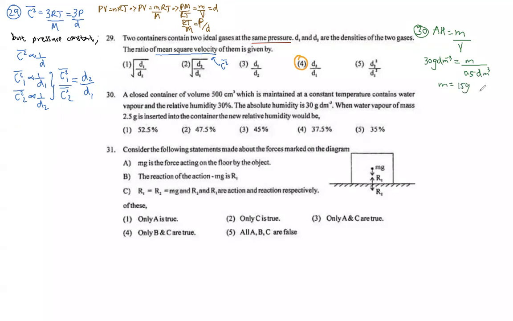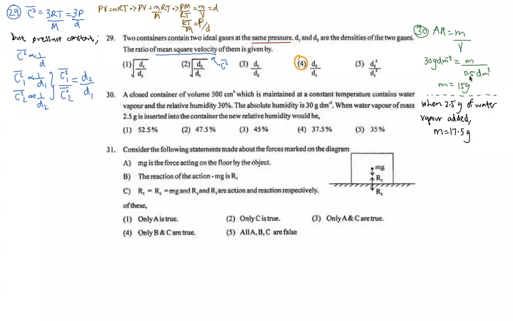Already we have 15 grams of water vapor, and now they are adding 2.5 grams. When 2.5 grams of water vapor is added, the mass becomes 17.5 grams. Correct? M becomes equal to 17.5 grams.